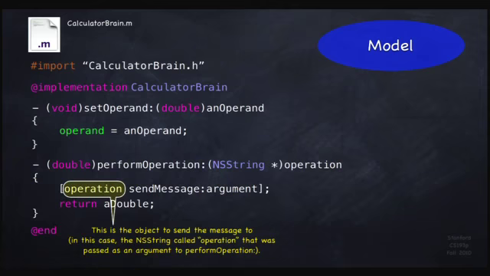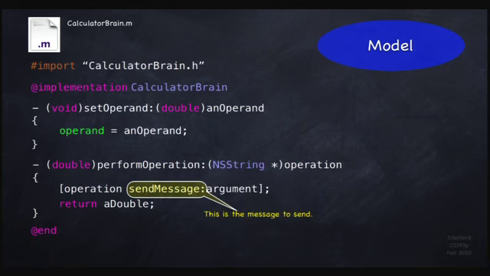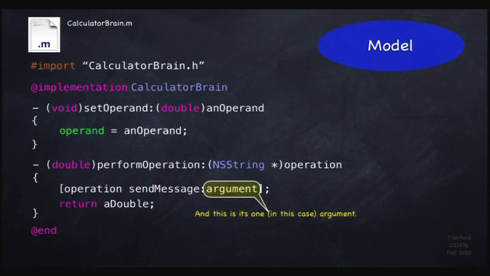Here I'm sending this message called sendMessage: to the operation, which is this NSString star. Okay, so it's a string message. So this sendMessage that I'm sending better work on strings, because that's what I'm sending, right? Send message to it. And then this is the argument that I'm passing along with sendMessage: Okay, so I just wanted to show you that syntax.